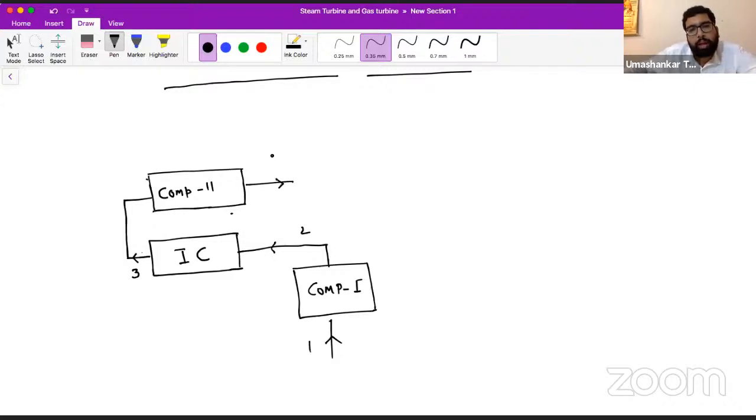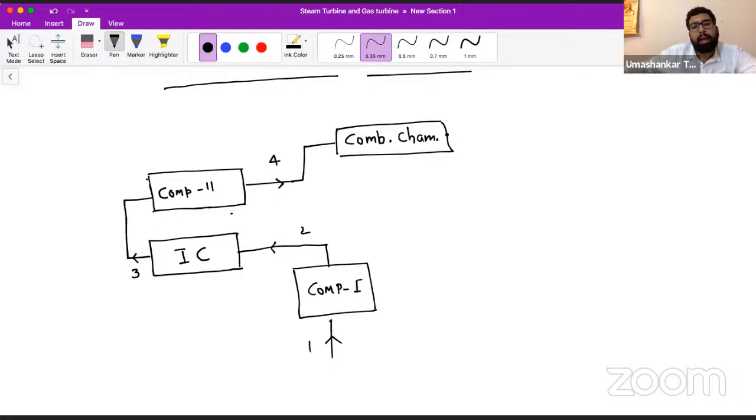After our air leaves compressor 2, it will go to the combustion chamber. I am not taking regeneration here. We are just taking intercooling. So we have this combustion chamber.